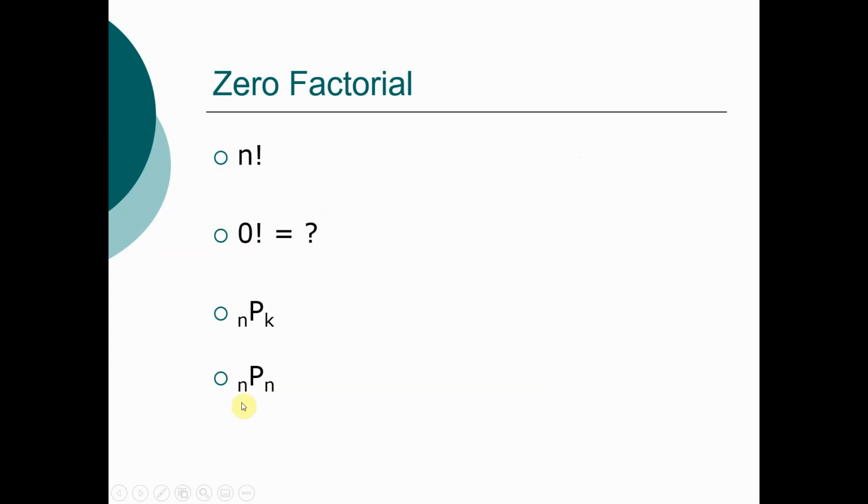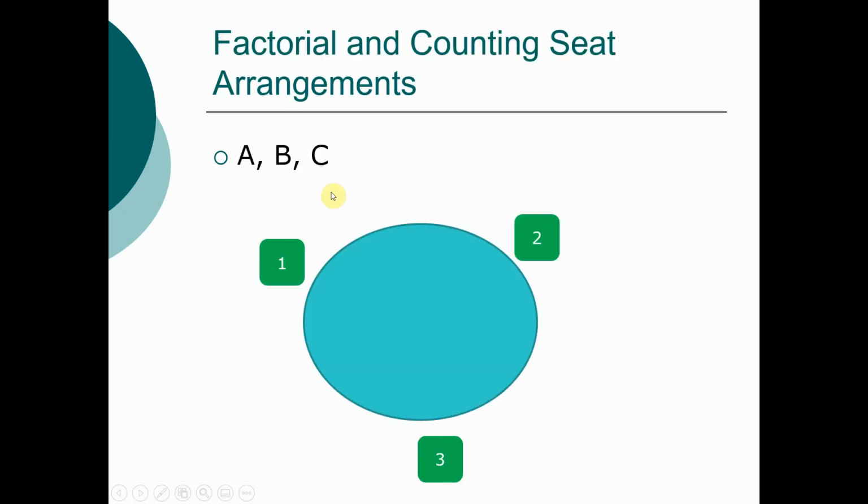Now we want to see these permutation problems when we have n objects and n places, or n objects and k places. How can we express that number in terms of factorial?